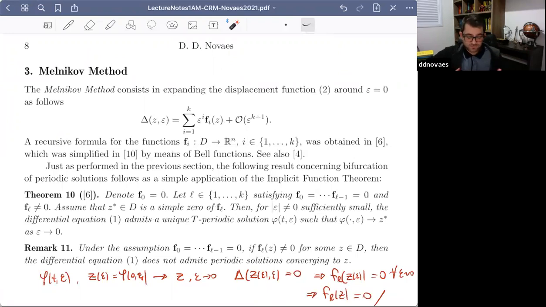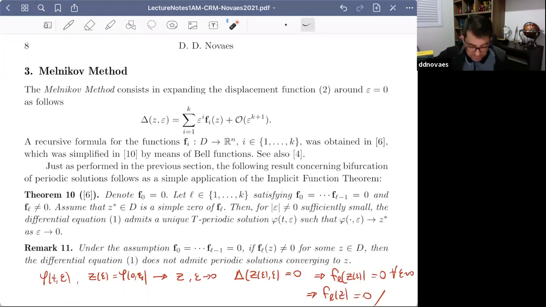And both series of functions are providing information on the bifurcation of periodic solutions of the original differential equation. So it's natural to ask if, first, are they the same?